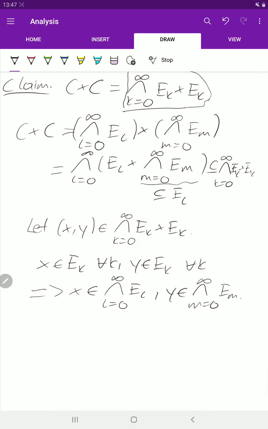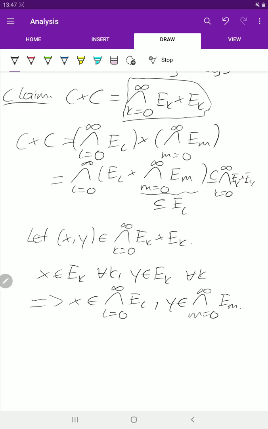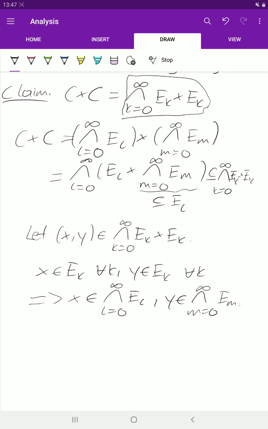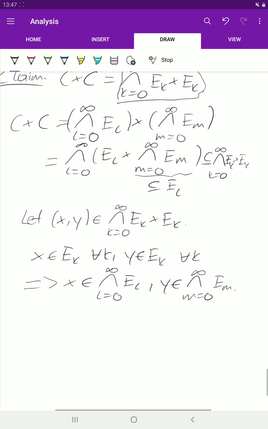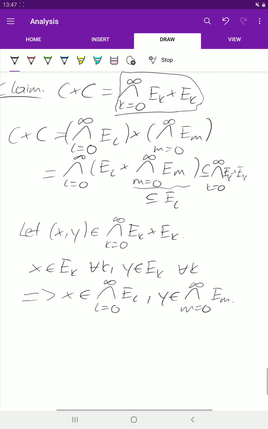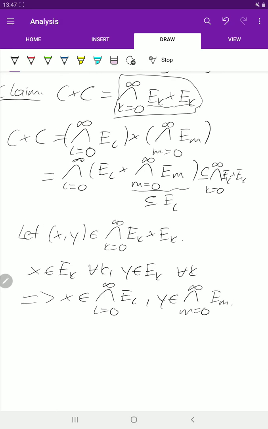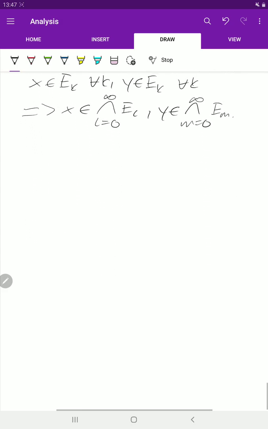So these Ek are rather unions of squares. E0 cross E0 would be a square, and then we have, let me show you. Let's maybe call this set Ek prime. So these are now our new sets from which we construct the product of two Cantor sets. So that would be E0 prime.